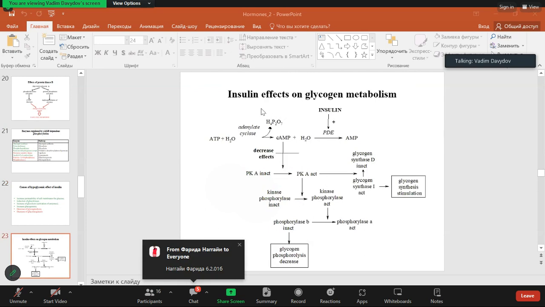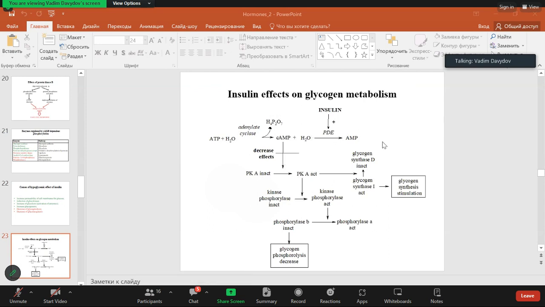And my dear colleagues, please note that this kind of fast effect is the basis of reciprocal regulation of glycogen metabolism.